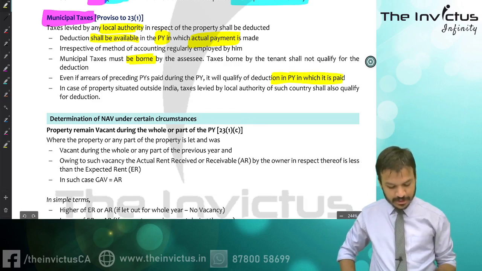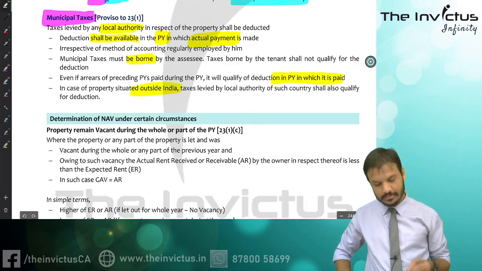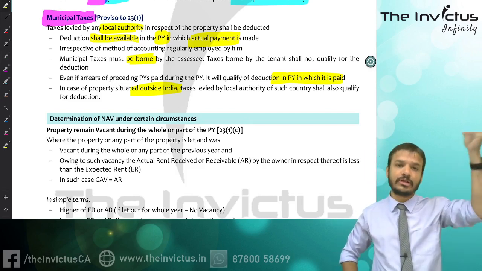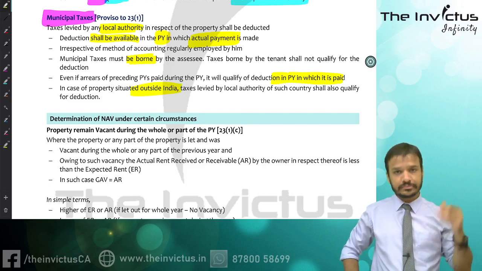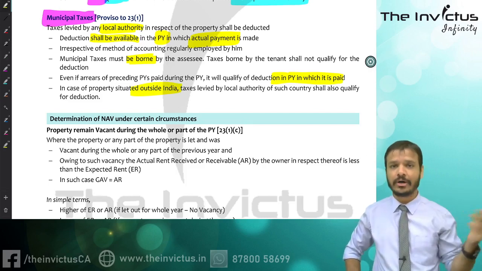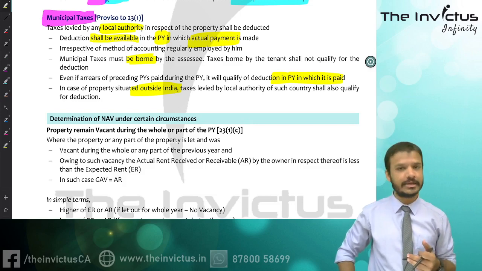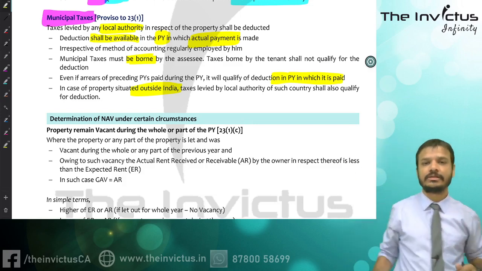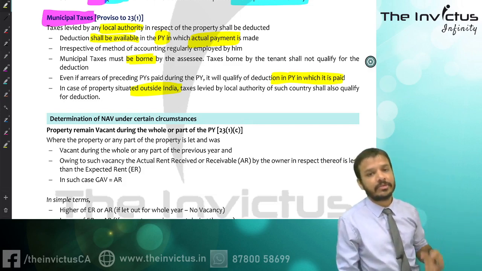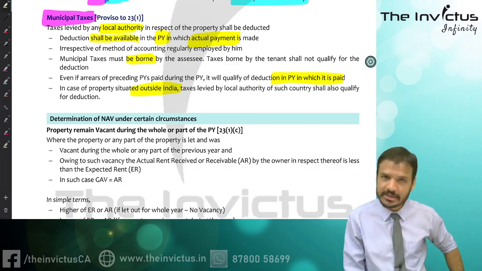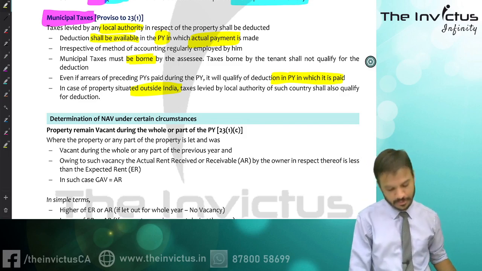In case of property situated outside India, such as property situated in London, and local authority of London is also levying tax like municipal tax, then such tax shall also be allowed as a deduction, right? Because in first lecture we already discussed that even if the property is outside India, such property shall also be considered under income from house property.